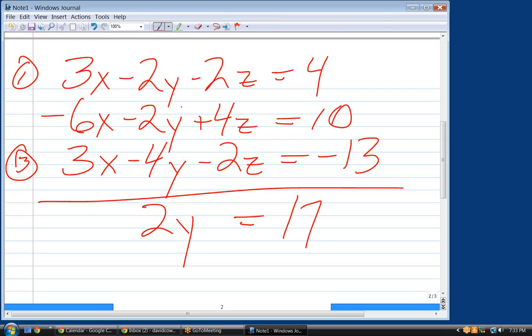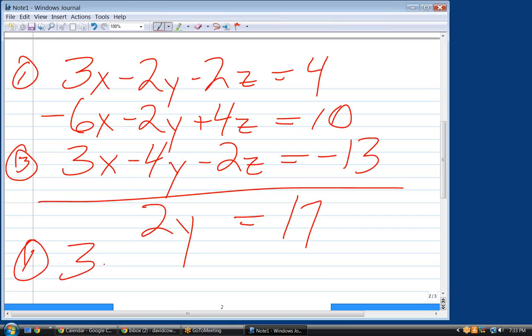I can go back and substitute 17 halves in for y. And what do I have then? Then I have 3 equations and only 2 unknowns. So let me rewrite some of these equations.